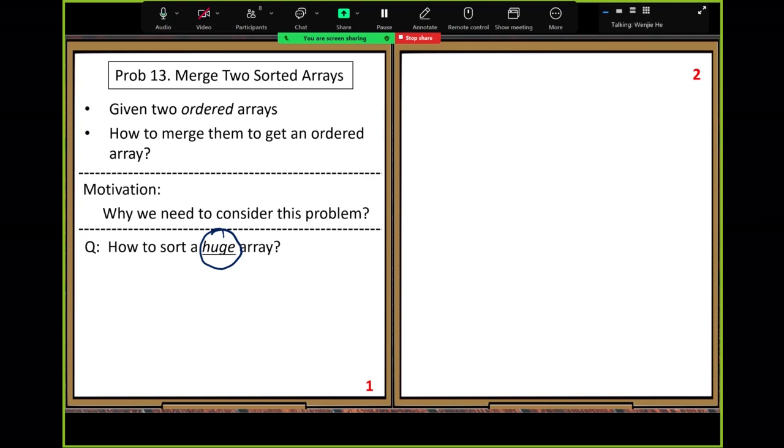In that situation, when we process our data in our computer algorithms, in general we need to load the data into our main memory, right? How do you process your data? Load the data into main memory.